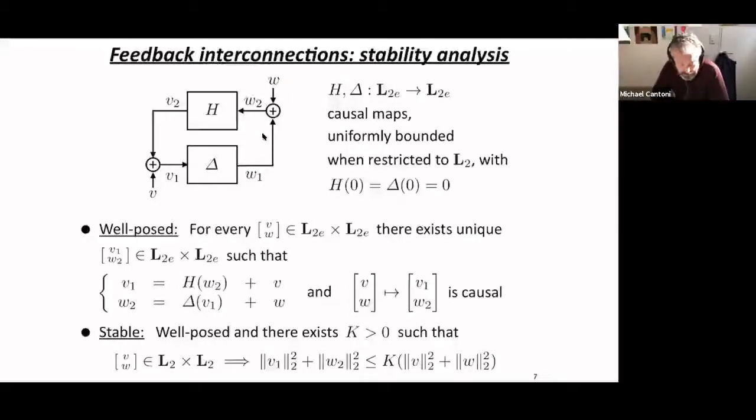We say that the feedback interconnection is stable if the corresponding internal signals will also be in L2, with there being some finite bound on the size of the internal signals relative to the size of the signals that we put in. So these are all standard concepts.